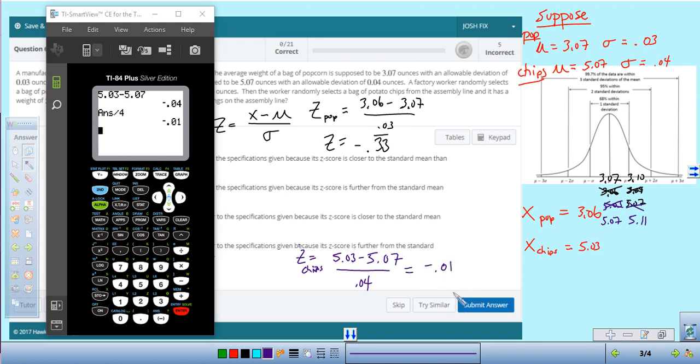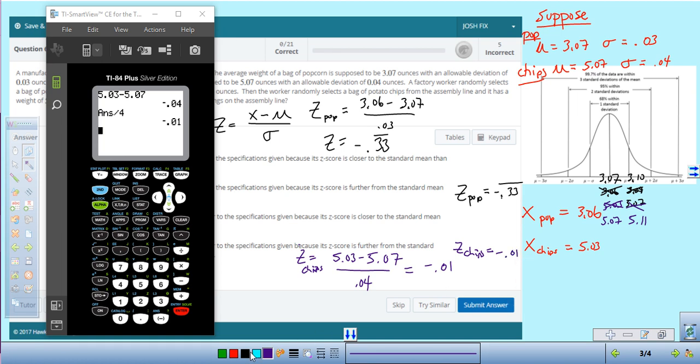So here's what I want you to see: when we compare those two z-scores, the z-score of the popcorn is negative 0.33 repeating, and the z-score of the chips is negative 0.01.